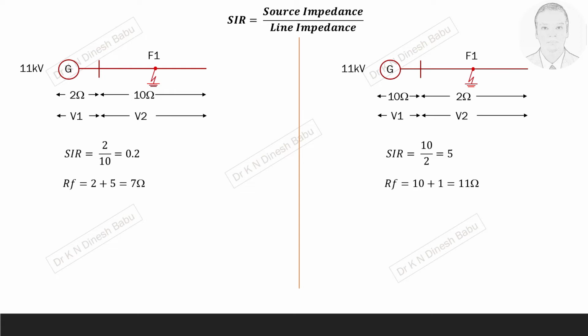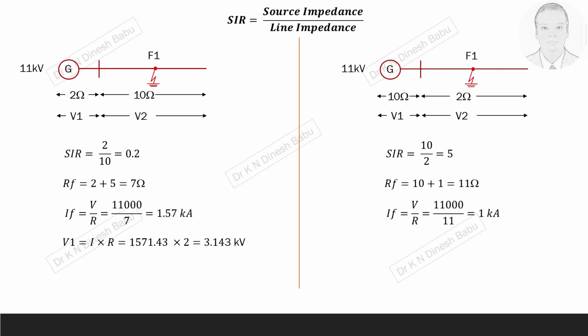Now let's calculate the fault current using Ohm's law. So V by R, here it is 11,000 volts divided by 7 ohms, which results in 1.57 kilo amps. In the second case, it is 11,000 divided by 11, which results in 1 kilo amp. Let us also calculate the V1 and V2 values using V equal to IR.